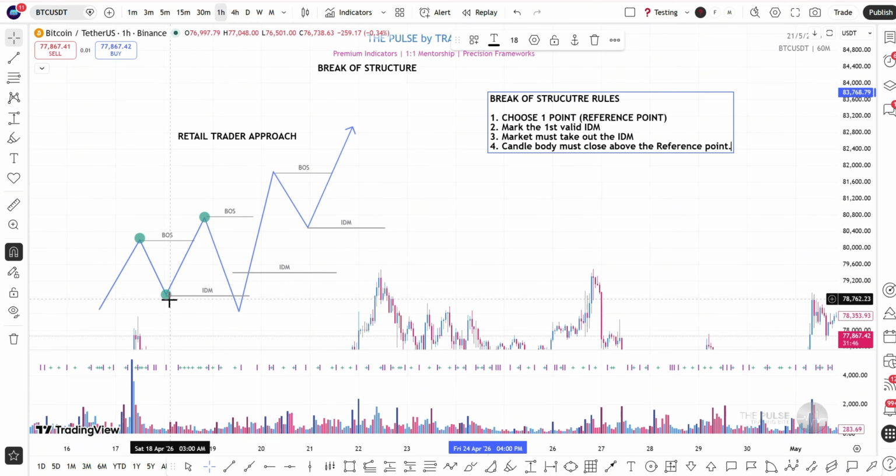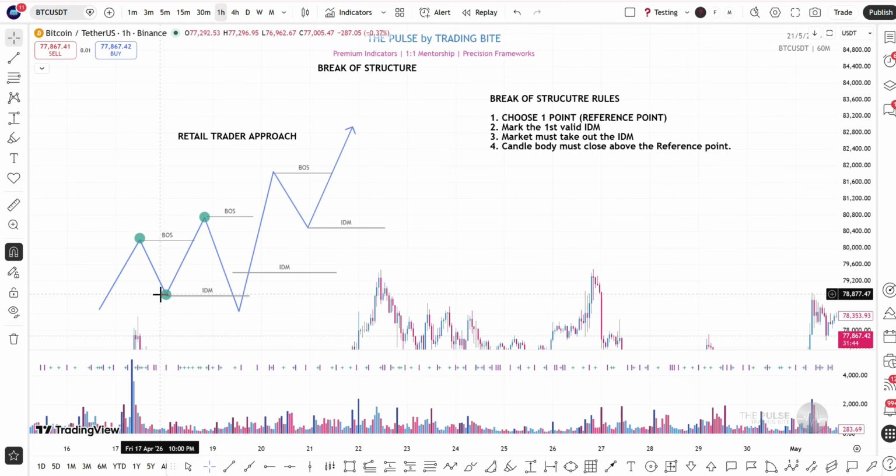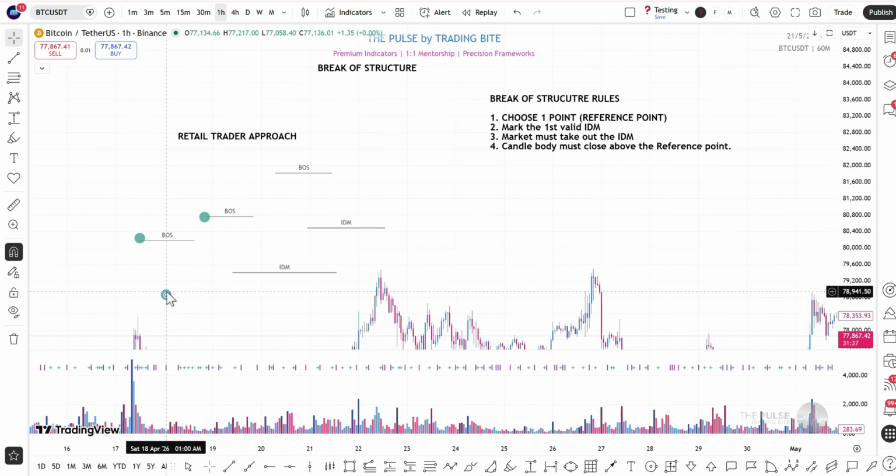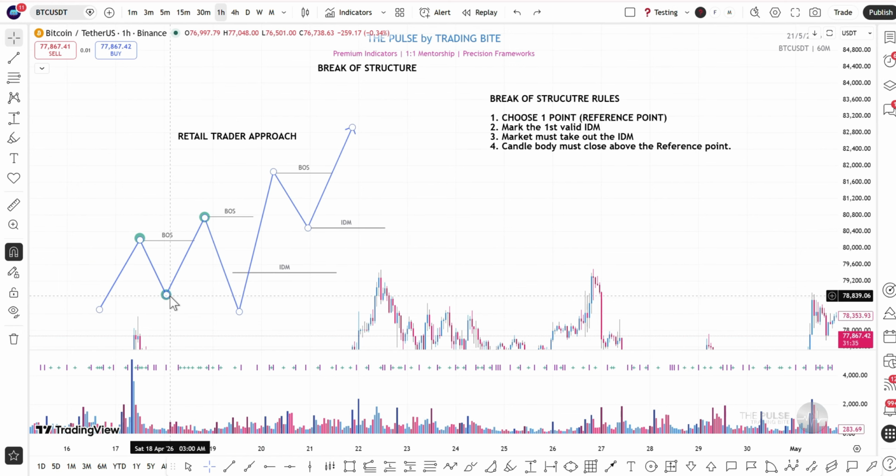So we said choose one point. We are talking about this one because we need a high point. Let's say the market is here, this is our reference. Let's assume the market is currently here. So we have to find the valid IDM.